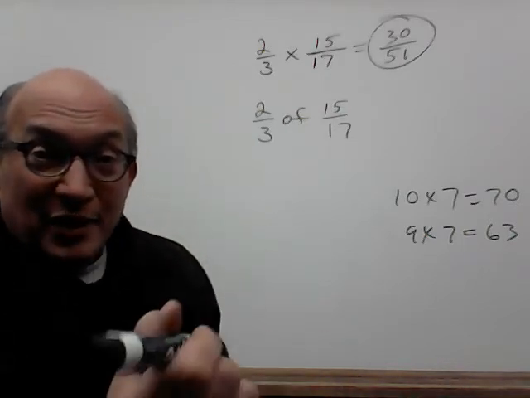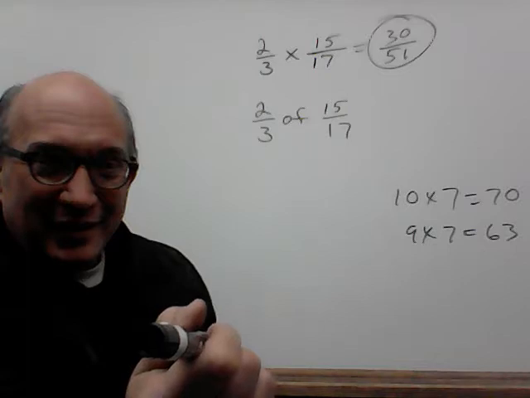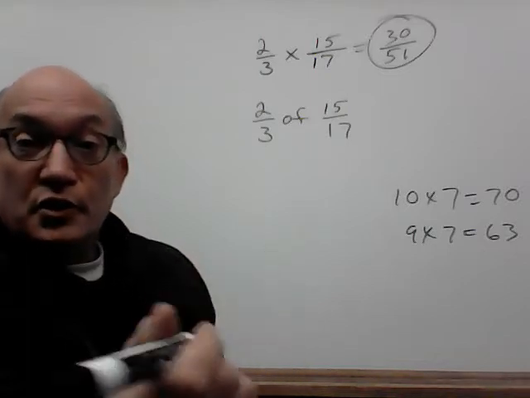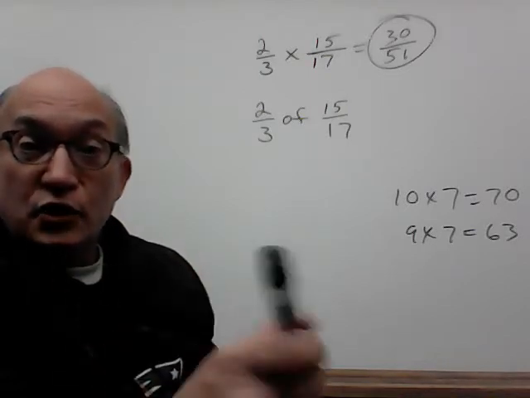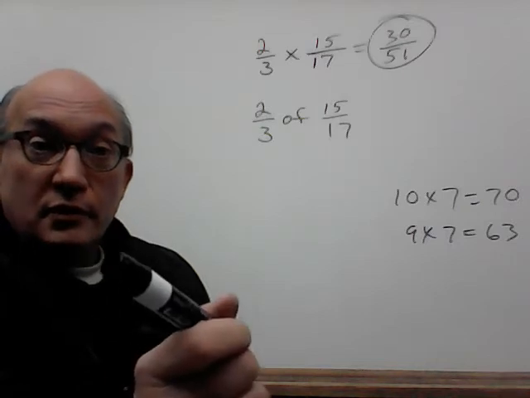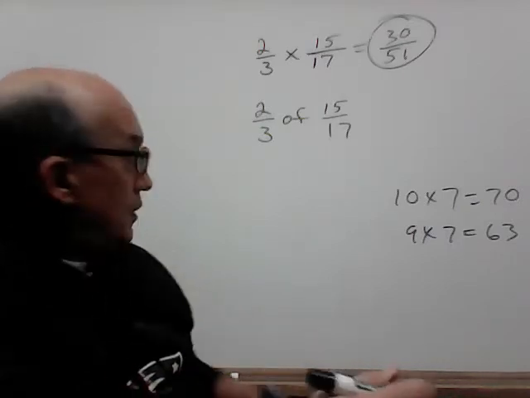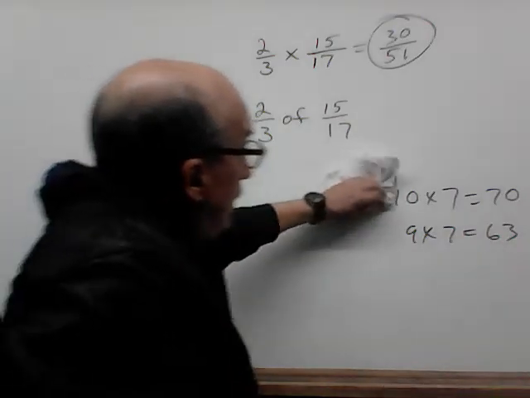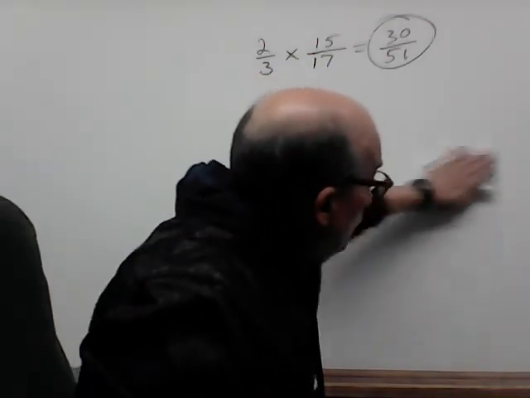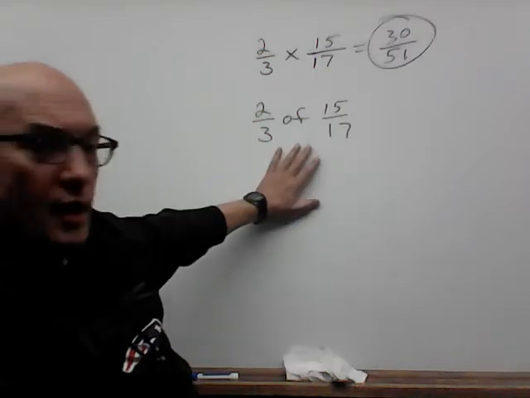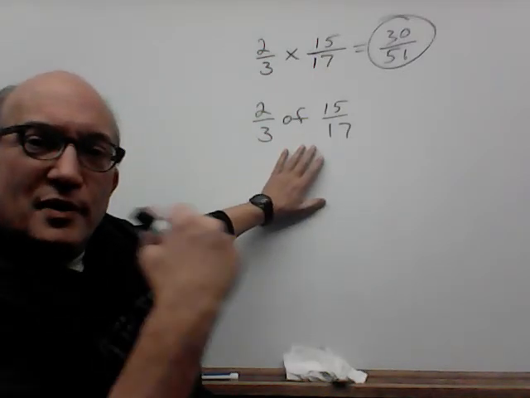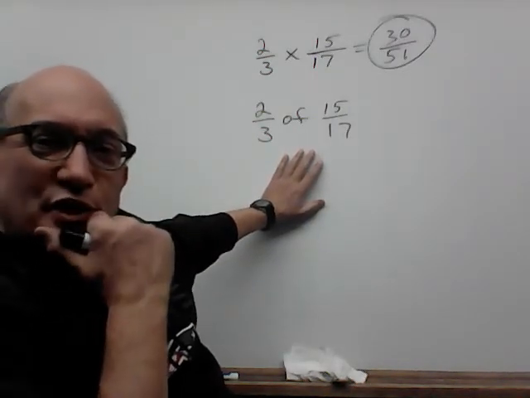That's not a multiplication fact that anyone's expected to learn, but use the distributive property. 3 times 10 is 30. 3 times 7 is 21. 30 and 21 make 51. So that's the answer. And we could say case closed and move on. But let's now think about this problem in a way that relies on what we did earlier.